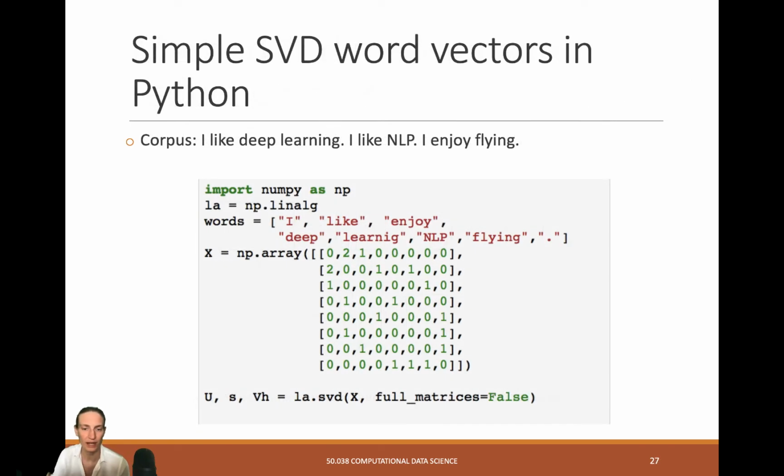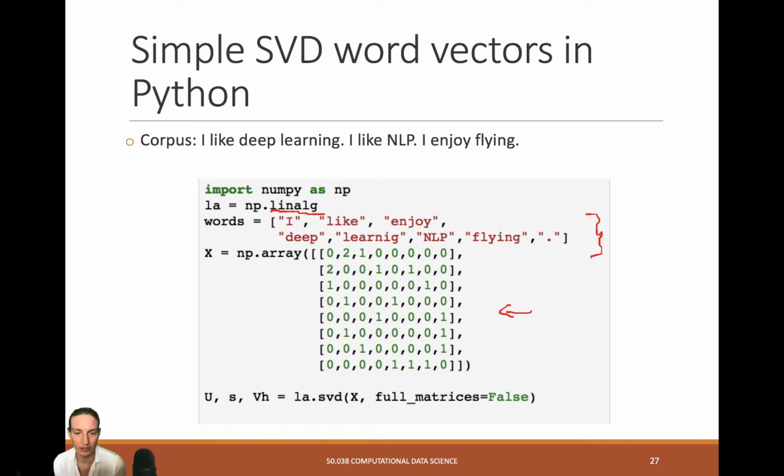If we're doing this in Python, we can quite easily get a singular value decomposition. We use a NumPy package called linalg, linear algebra. If we have words that we're representing, this word list for instance, then we can create a co-occurrence matrix X. This is done by hand.